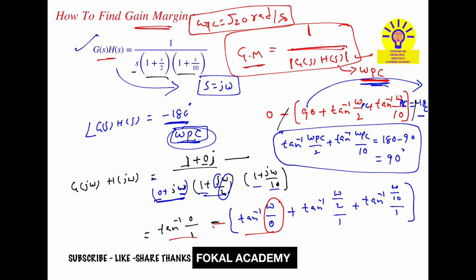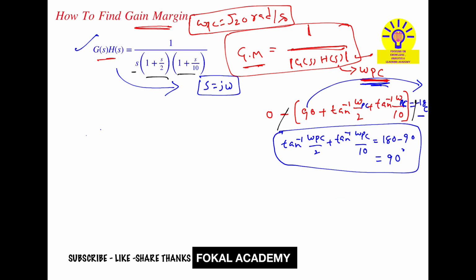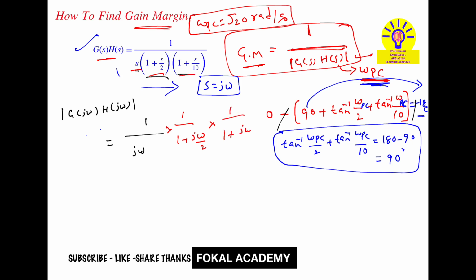Now let's see. The magnitude of G(j omega)H(j omega) equals 1 by j omega. Make it three parts: 1 by j omega into 1 by (1 plus j omega by 2) into 1 by (1 plus j omega by 10), because all these complex numbers are multiplied.